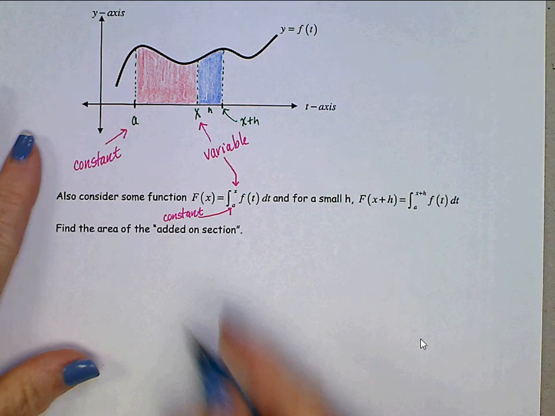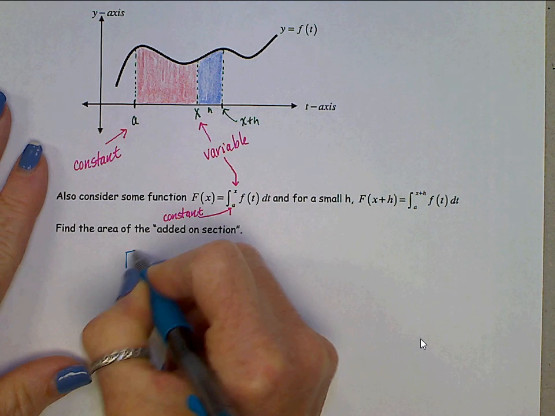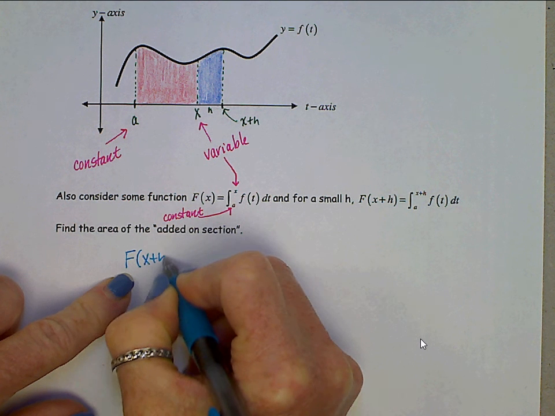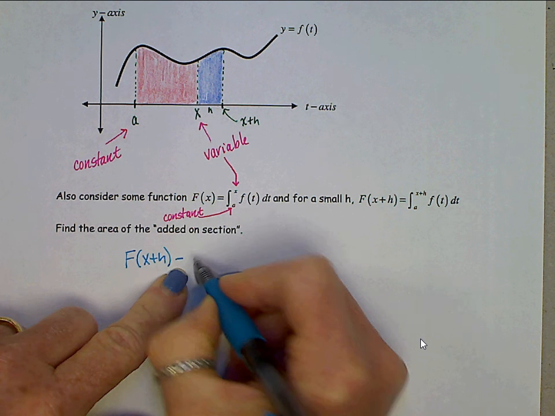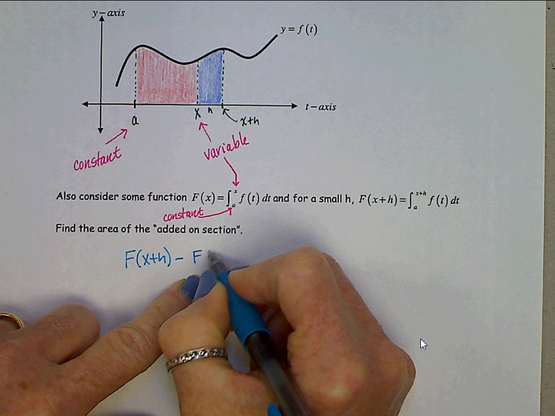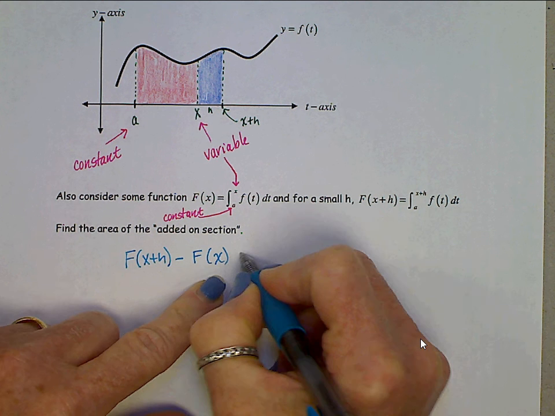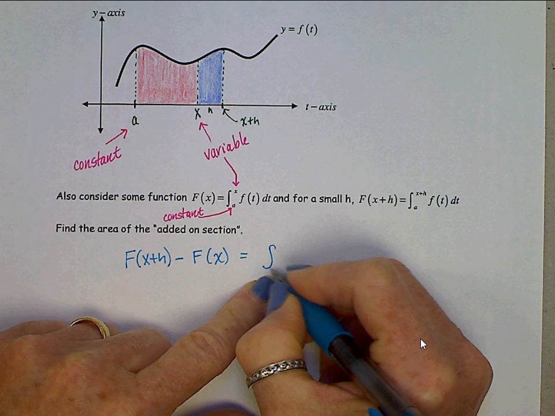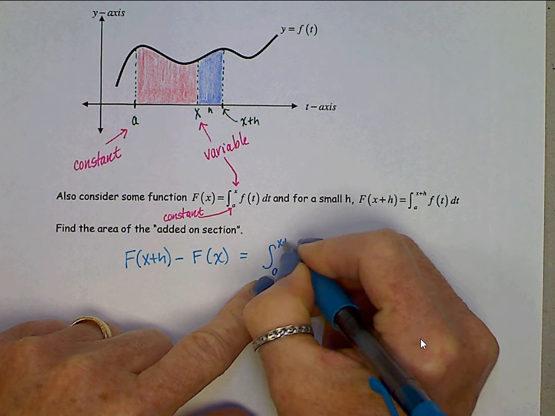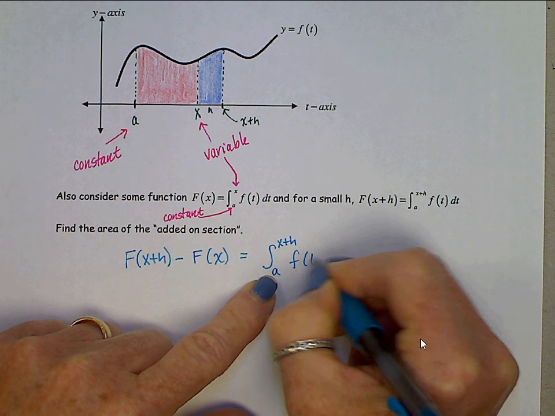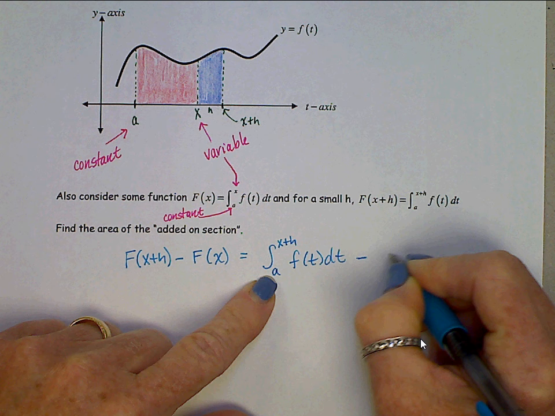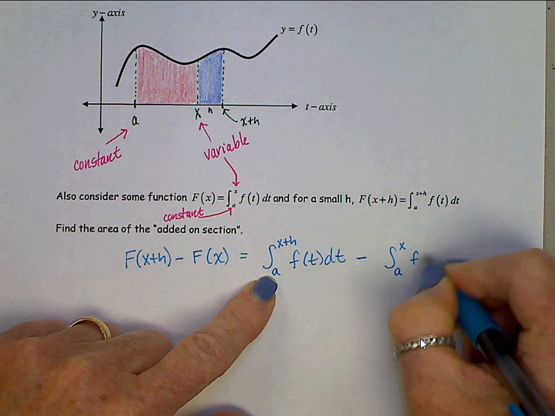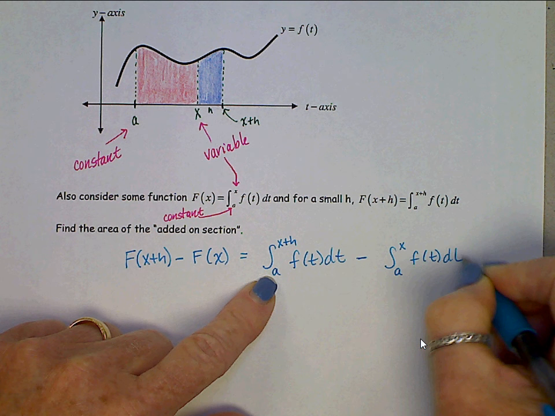So the area of that added on section would be this function, big F of x plus h minus big F of x, which you are probably a little bit more familiar in seeing like this: the integral from a to x plus h of f of t dt minus the integral from a to x of f of t dt.